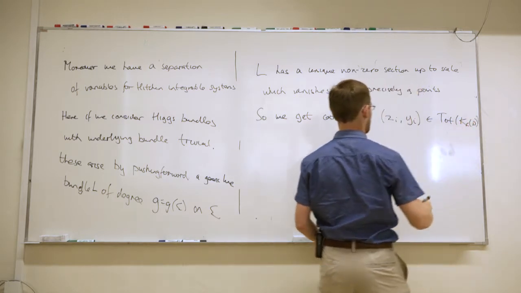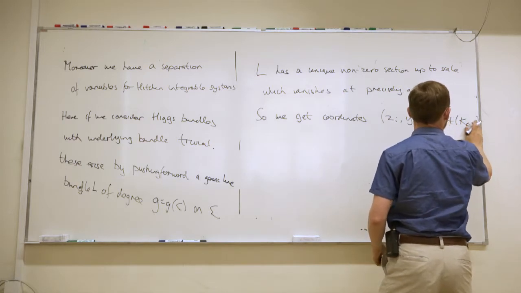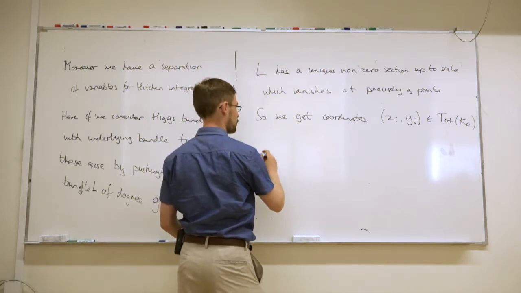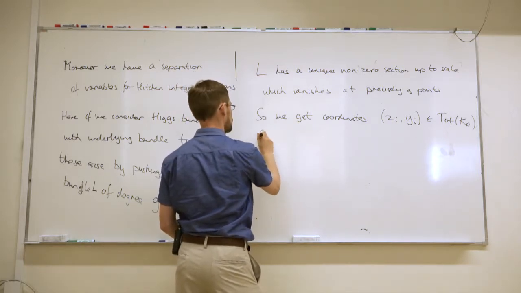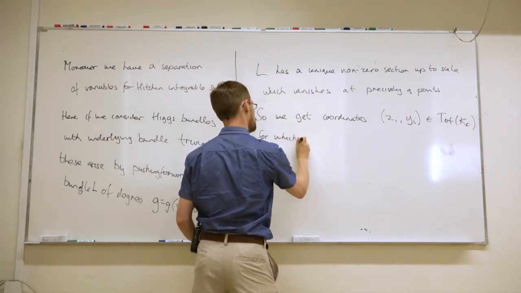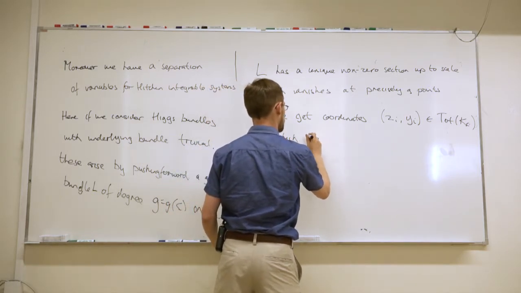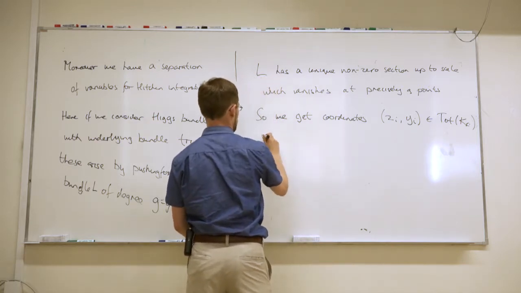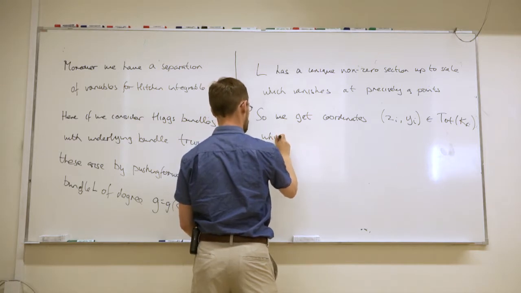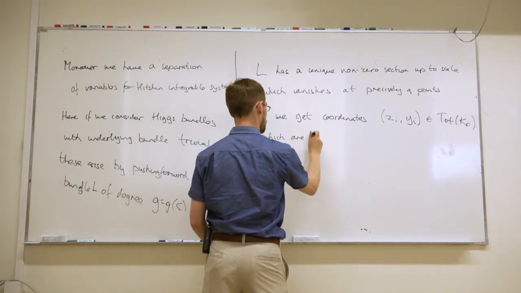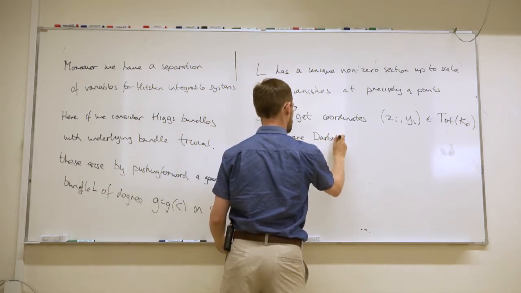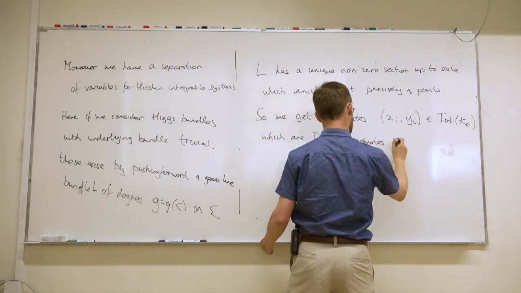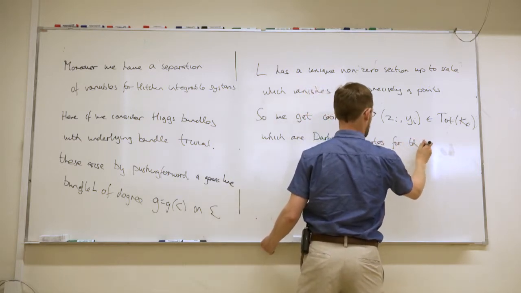Well, it's not twisted by D, the total space of this line bundle, for which they are Darboux coordinates for the symplectic form.